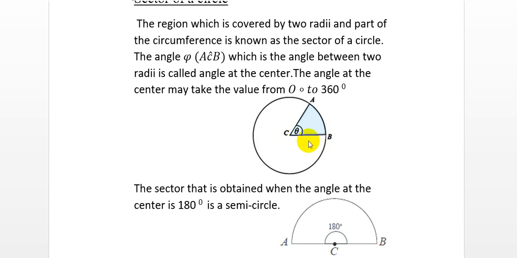So the sector of a circle always depends on two radii and especially the angle. We say the angle at the center. This angle can vary based on the size of the sector.